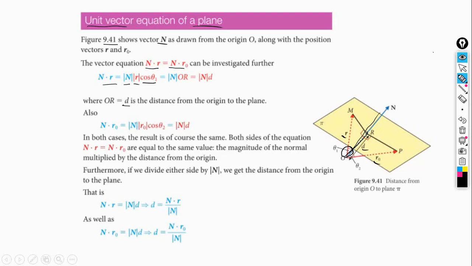Now the same thing can be applied to the other position vector r sub 0, and then if we rearrange both equations and divide either side by the magnitude of n, we are going to get the distance from the origin to the plane. So we have these two equations that are equivalent.